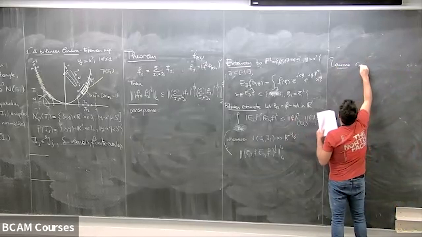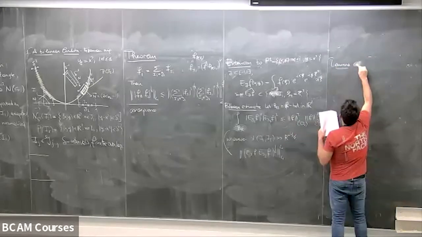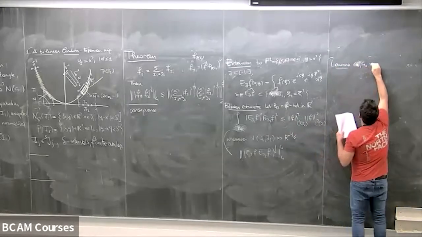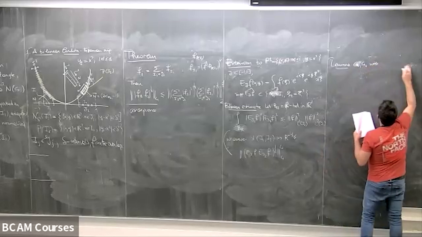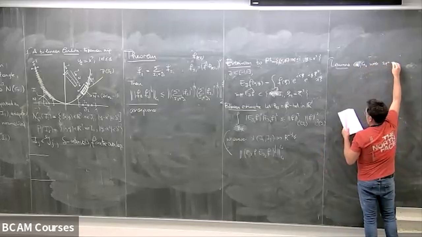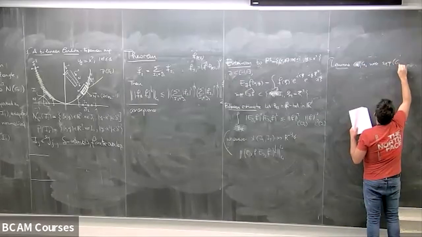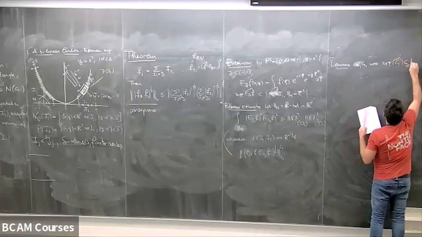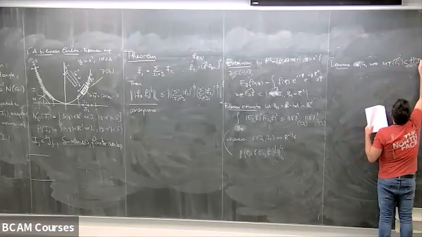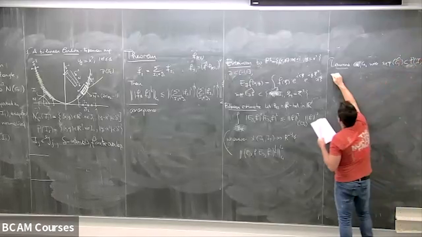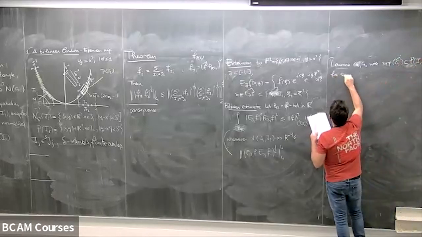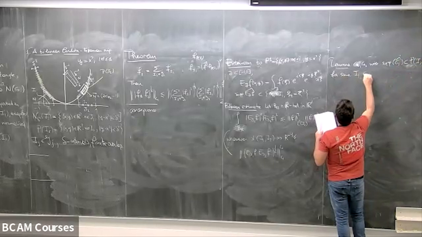Suppose that g1 and g2 are any two functions with the support of g_j hat contained in P of I_j for some I_j.